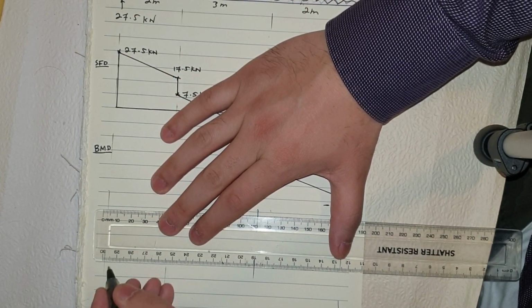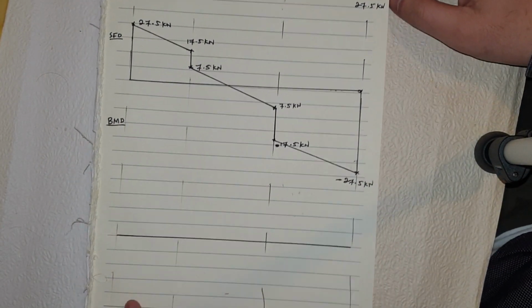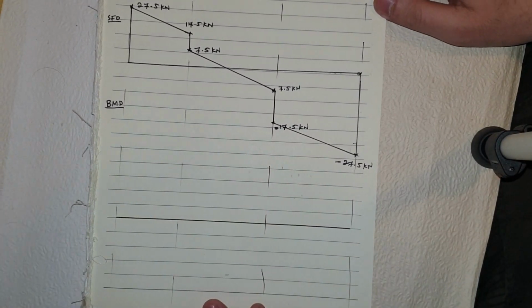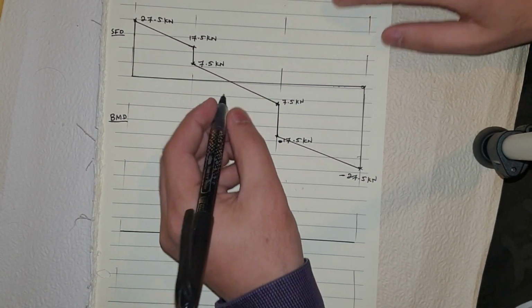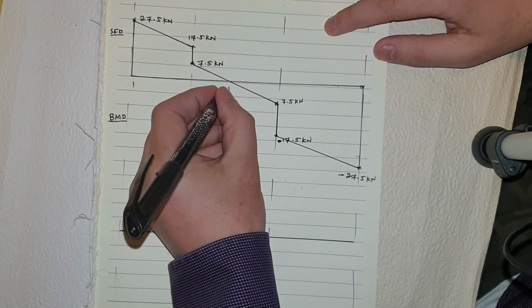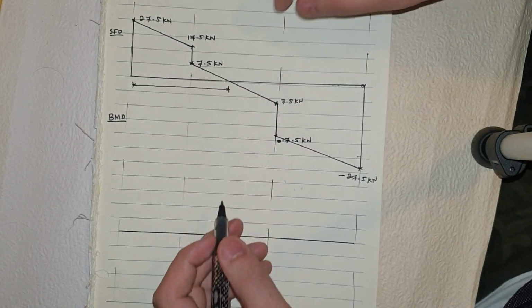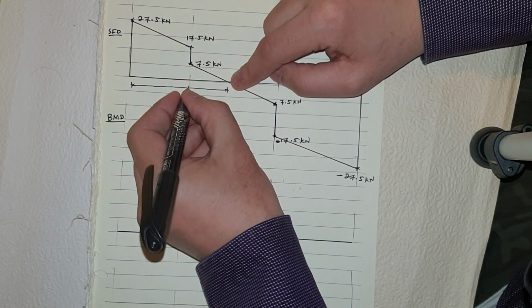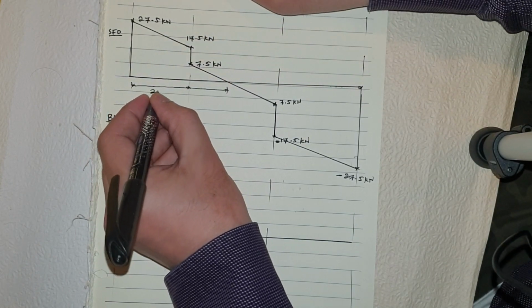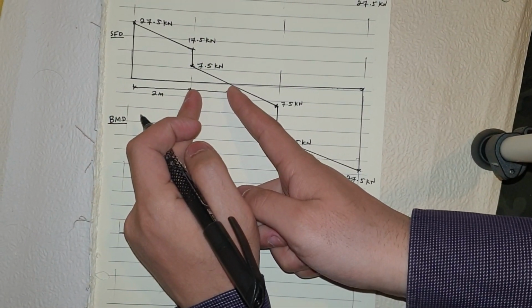Before I draw my bending moment, I have to know what is the distance from here to here, because I will take a cut from this point. So I know the distance from here to here is 2 meter. So what is that distance now?